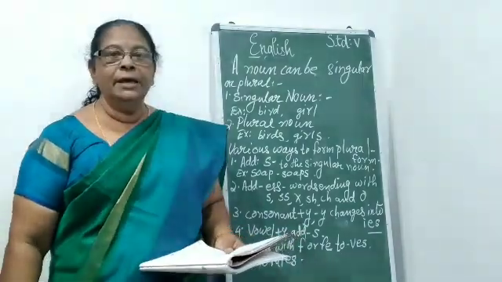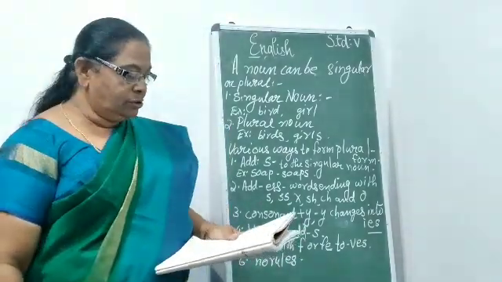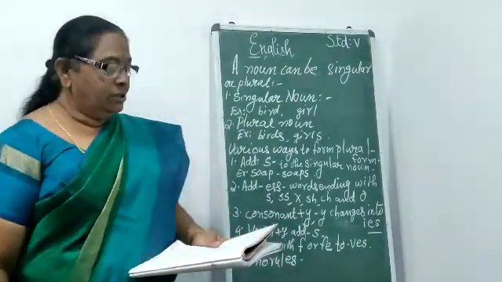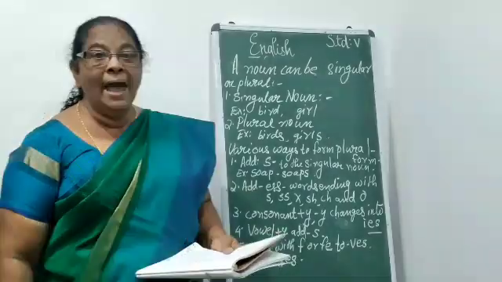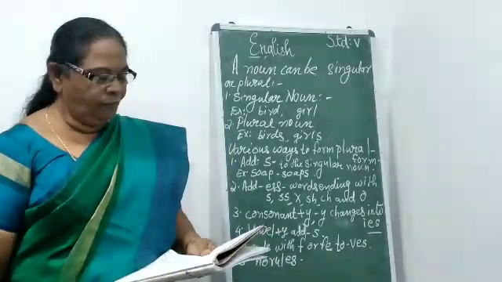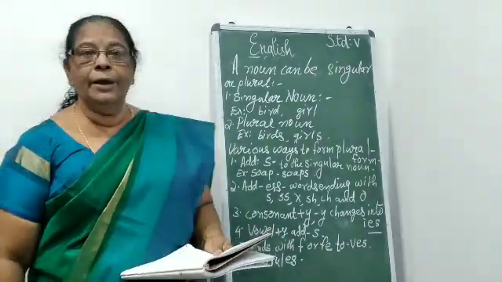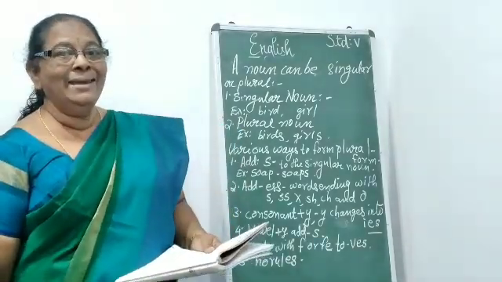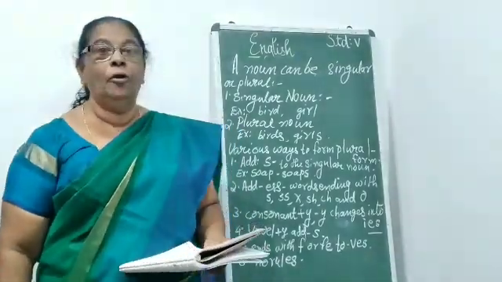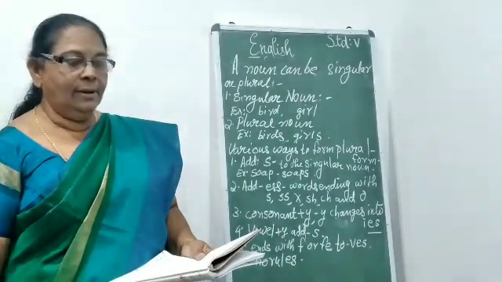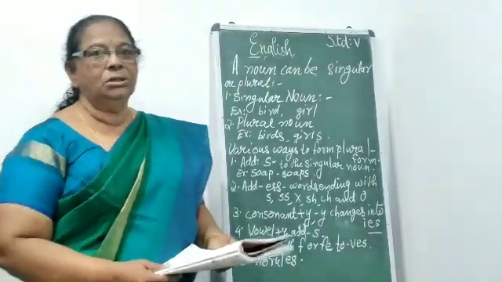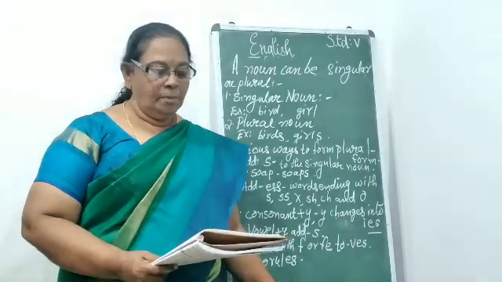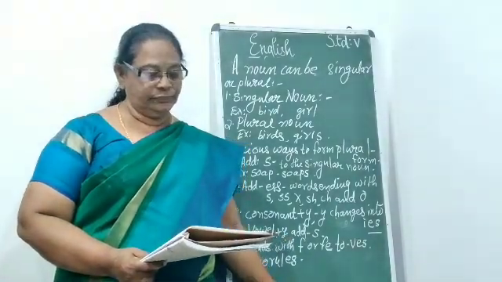Then when you learned about the nouns, you had learned the nouns are in singular form and in plural forms. Can you tell one word that is in a singular form and in plural form? Yes. Like book, books, pen, pens, bag, bags.